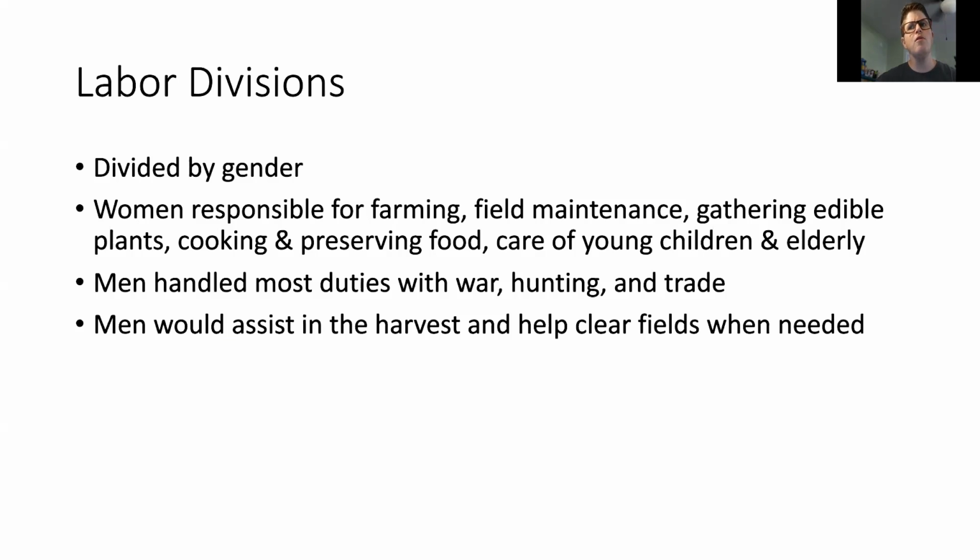So Europeans really didn't understand why Indian men were allowing Indian women to do a man's job because they didn't understand how the culture was set up. Another thing that threw off European men was the fact that these groups are matrilineal. So that means you track your identity through your mom.